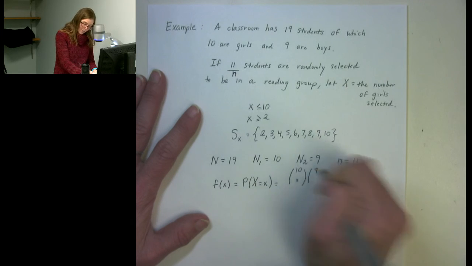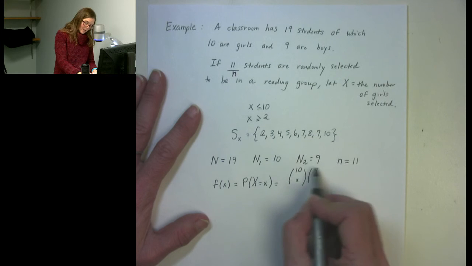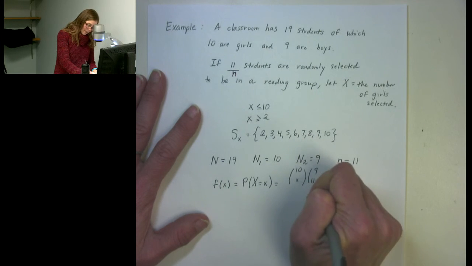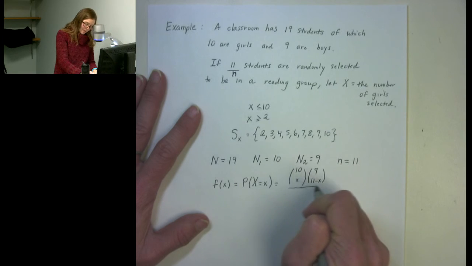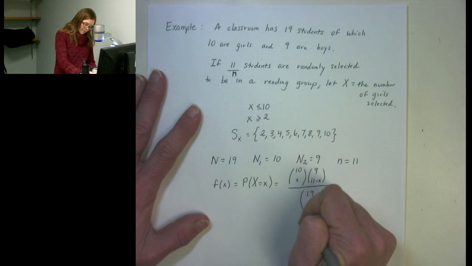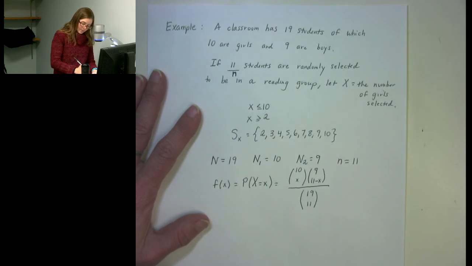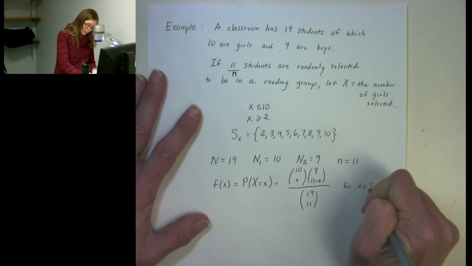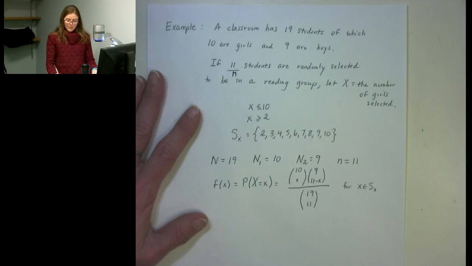I have 9 boys from which I'm choosing the others that will make up the 11, so 11 minus x of them, divided by the total number of ways I can choose 11 from the 19. And again, this is for x that's in the support that I defined up above.